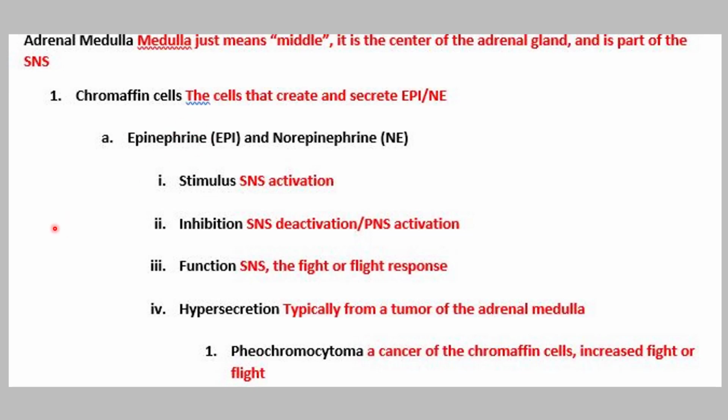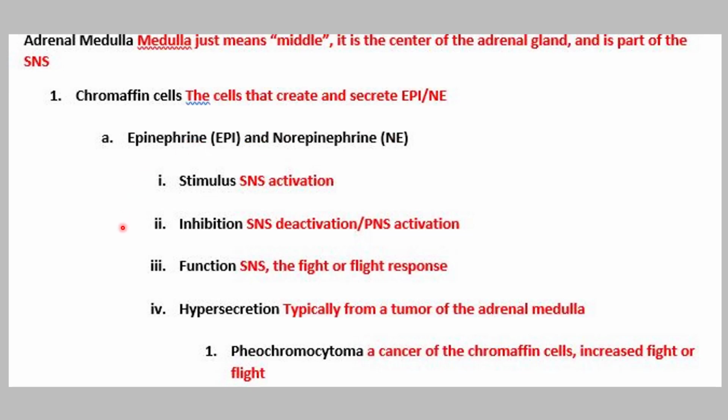The neurons traveling to things like our heart and our lungs get us ready to fight. We have that very quick activation, but we also stimulate the release of epinephrine and norepinephrine from the adrenal glands.